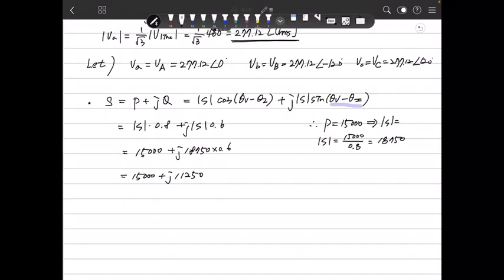So this is the power consumed by the 3 phases.